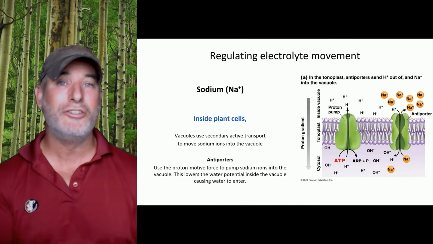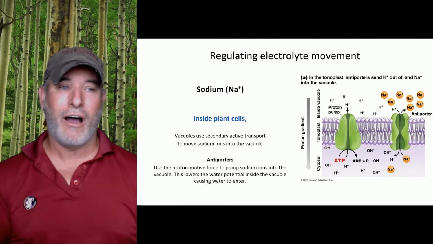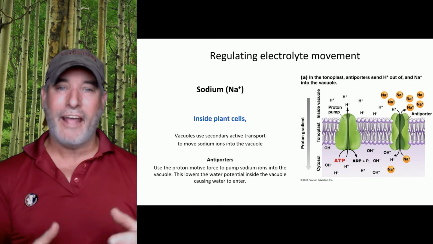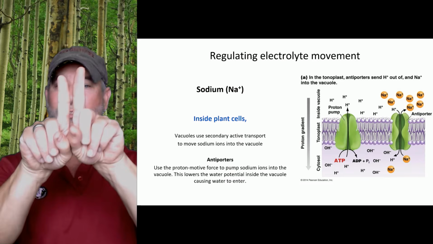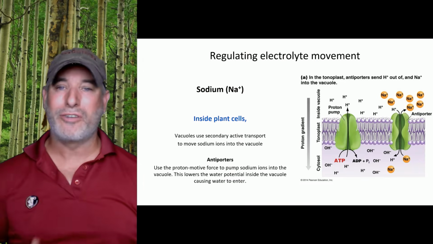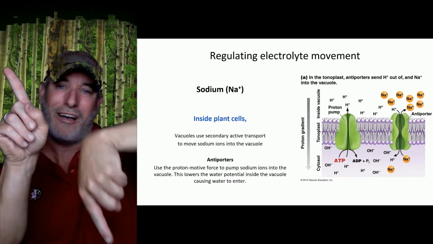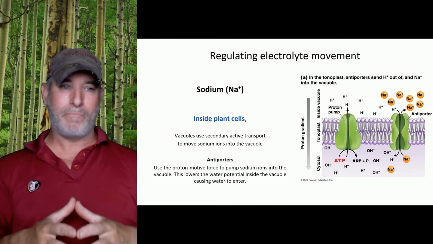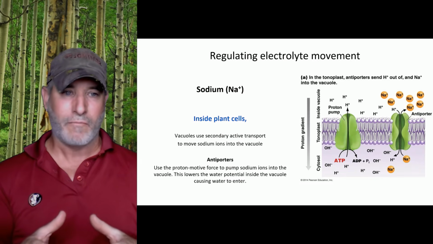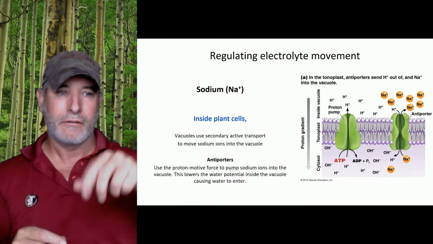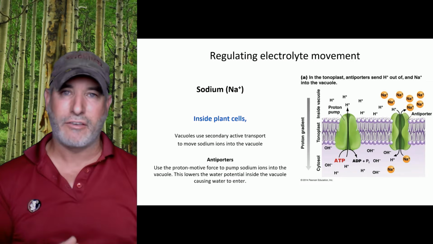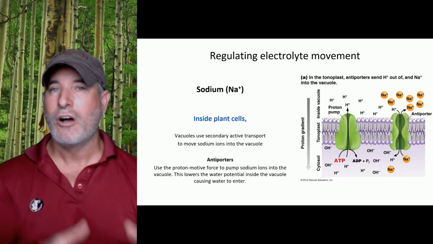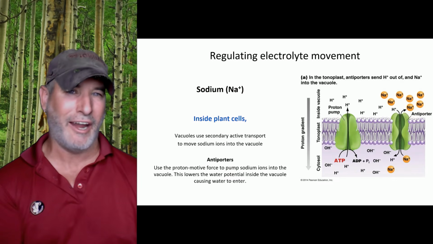And vacuoles use antiporters to do this. Now, we just saw a symporter for nitrates. An antiporter, instead of going both ways, protons go this way and sodium goes the opposite way. Hence anti, meaning opposite. So basically, on your vacuole, you start pumping protons into the vacuole. Once again, by pumping protons into the vacuole, you create an electrochemical gradient.